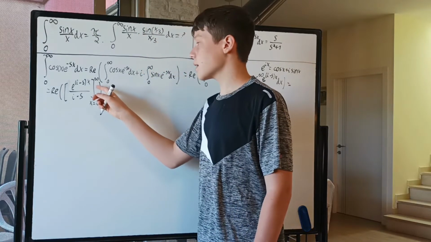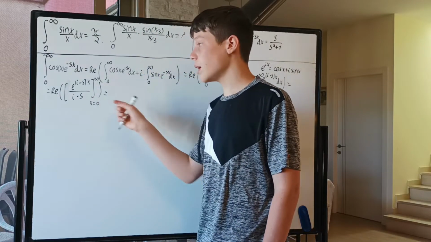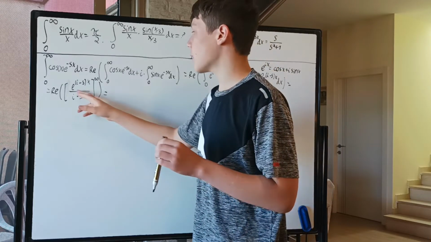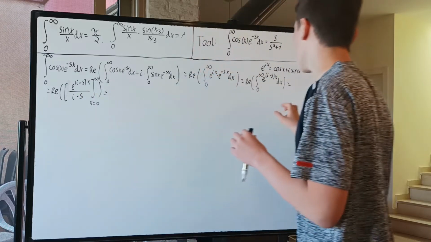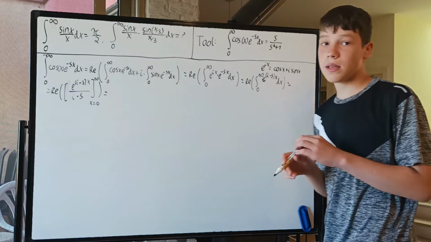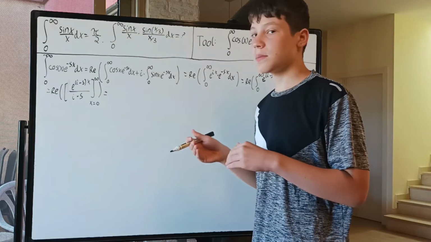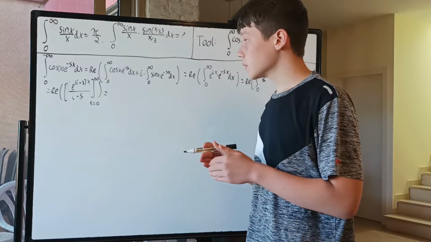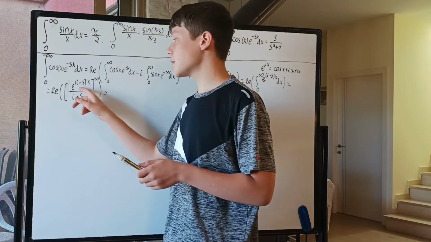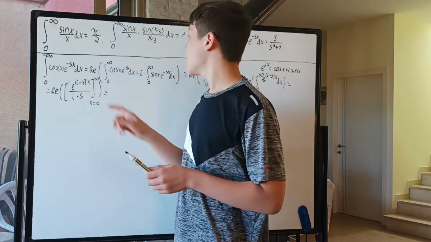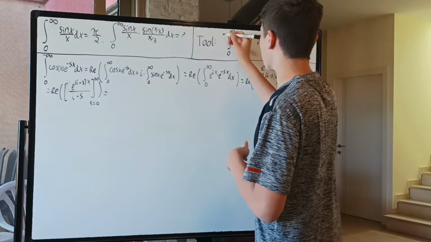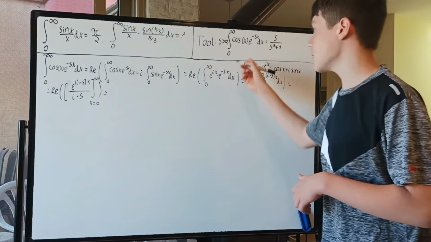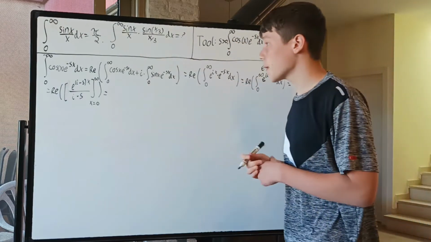Now at x equals infinity, we'll have e to the ix, which is cosine x plus I times sine x, which is always bounded, and it's times e to the negative sx. I also forgot to mention we need s bigger than 0, otherwise the integral just won't converge.